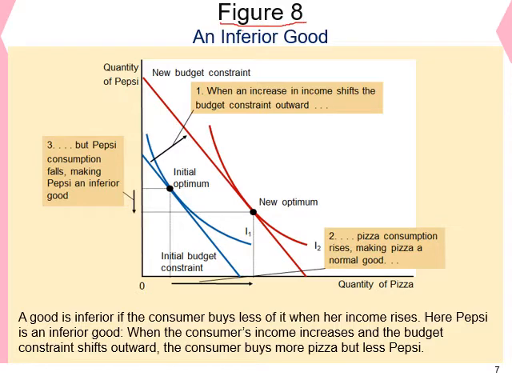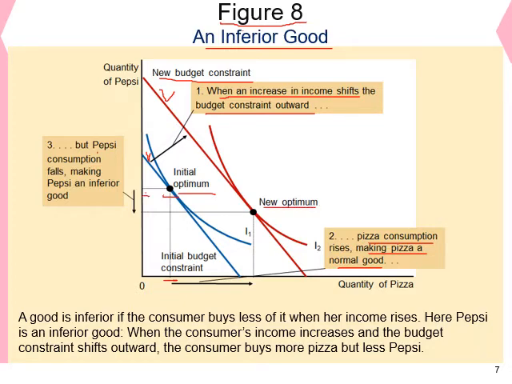Figure 8 displays an example of inferior goods. If there is an increase in income, the budget line shifts outward from the blue line to the red line, which is the new budget constraint. This will raise pizza consumption, making pizza a normal good. Looking at the initial optimum right here, this much pizza was consumed and that much Pepsi.